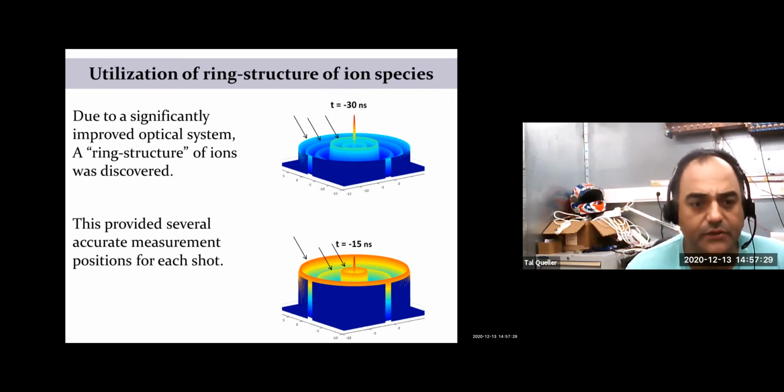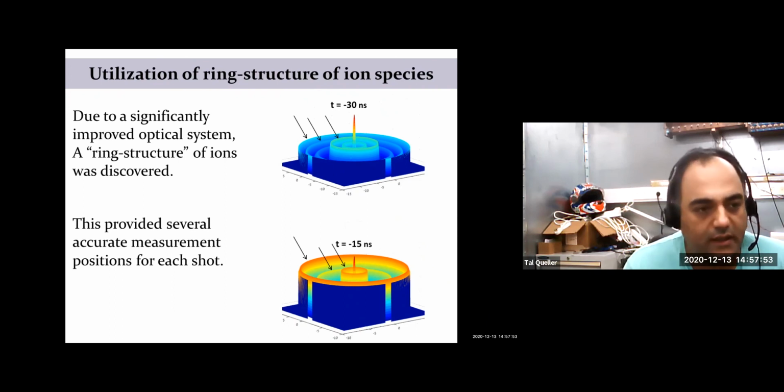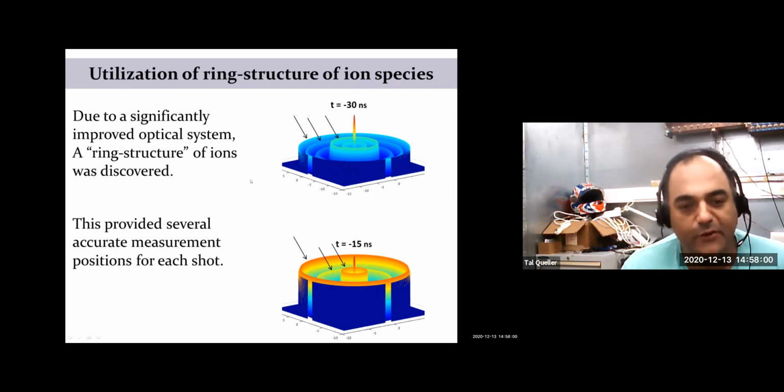They do not spread continuously over all radii, but they live in certain radii positions, and this enabled us to get much more accurate measurements, because it enabled us to reach conclusions without doing inverse Abel transformations, which introduce some uncertainties and made our conclusions less strong.